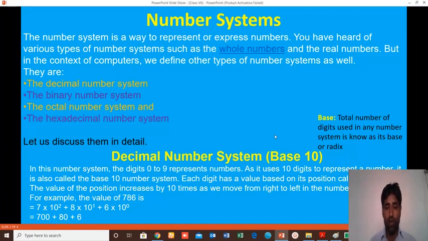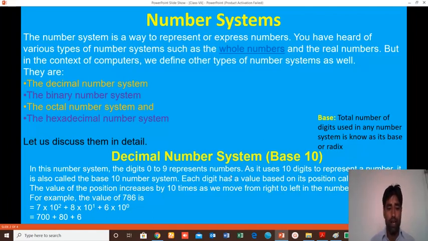So in counting 0, 1, 2, 3, 4, 5, 6, 7, 8, 9, total 10 digits are there. That's why its base is 10. So every number that can be represented with the combination of 0 to 9 digits is a decimal number system. Each digit has a value and that is defined by its base.